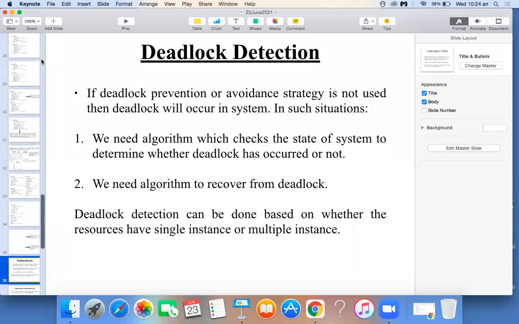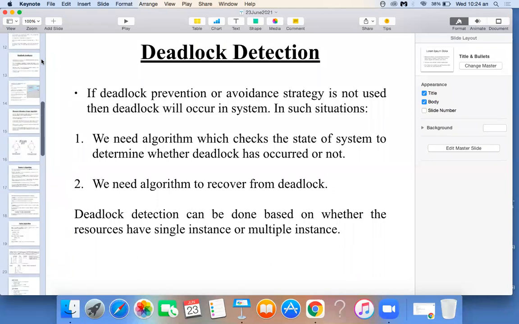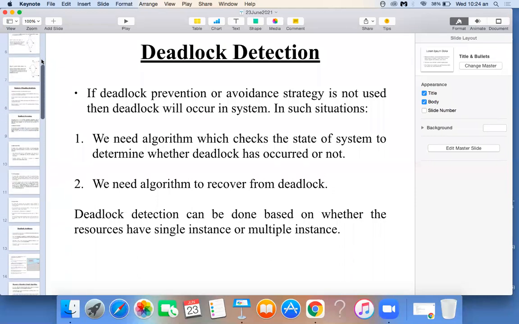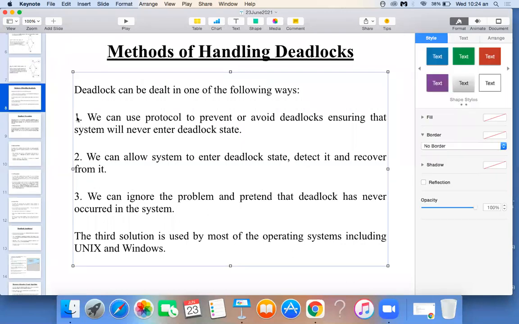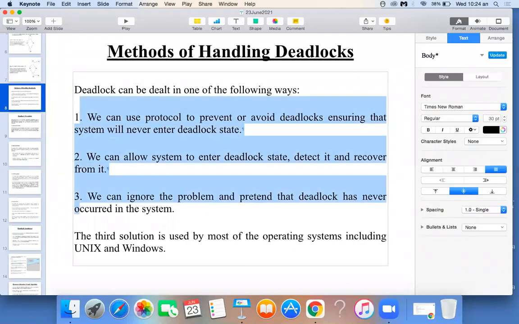We have come across the three important protocols for handling deadlocks, correct? So first we have seen deadlock prevention. The second thing we learned was deadlock avoidance. Now what we are going to see is deadlock detection.